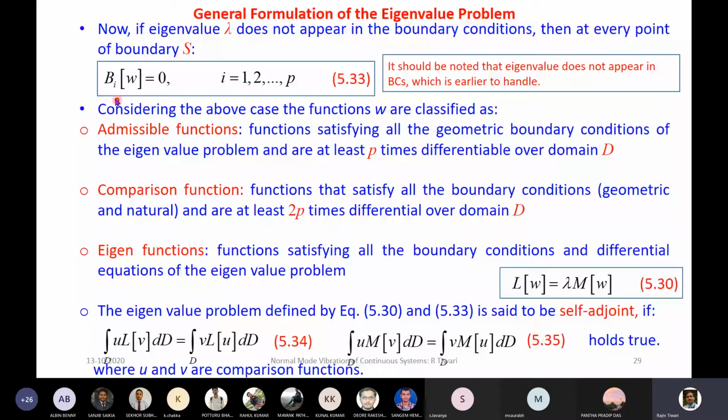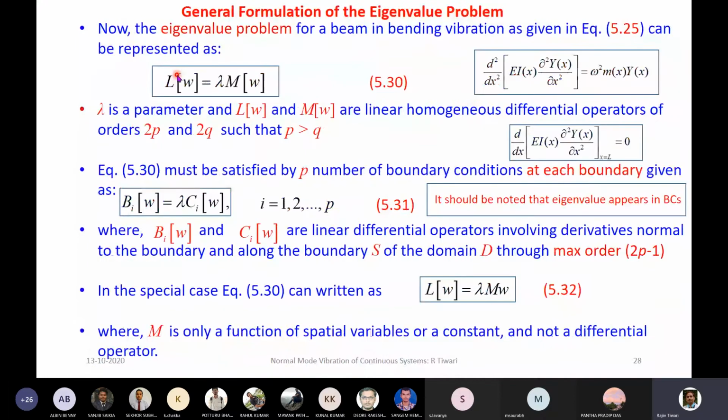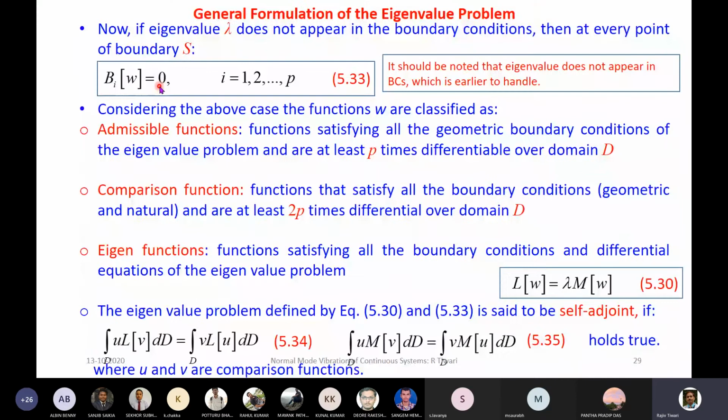And this kind of boundary condition is easier to apply as compared to the more general boundary condition. So this eigenvalue problem associated with this boundary condition is the most general representation. But this one, associated with the simpler boundary condition, will be having a simpler solution.